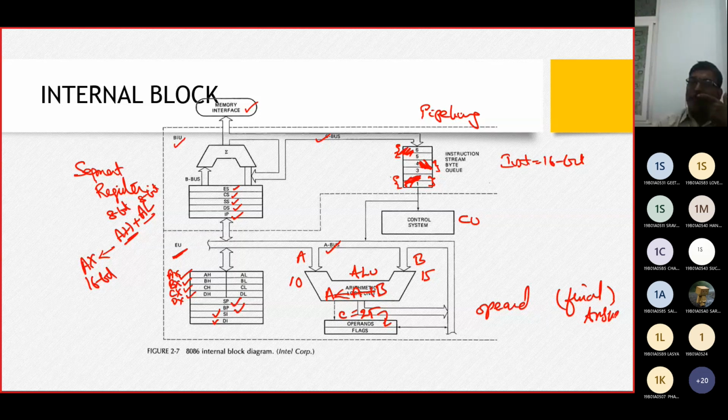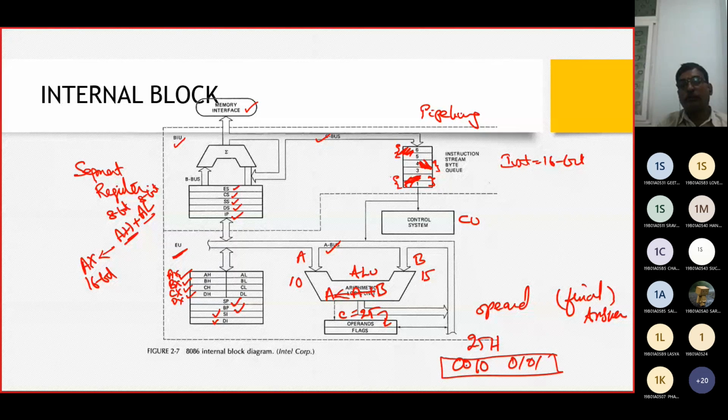Fine. Now when I call it 25H, H stands for the hexadecimal number system. So it is 0010. 5 is represented as 0101.